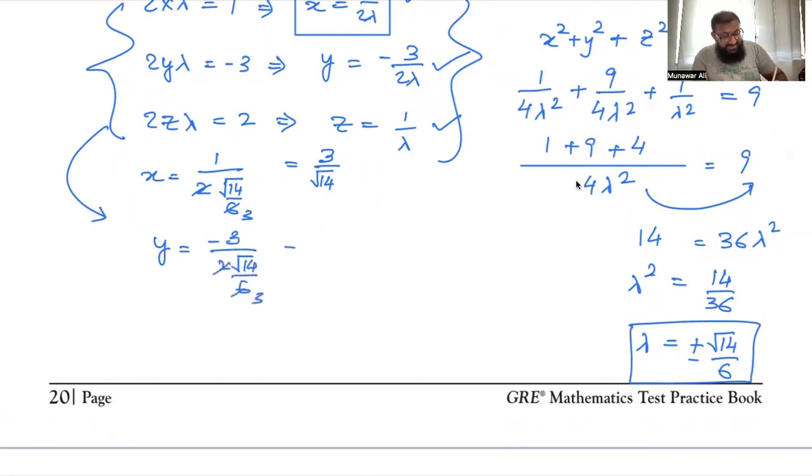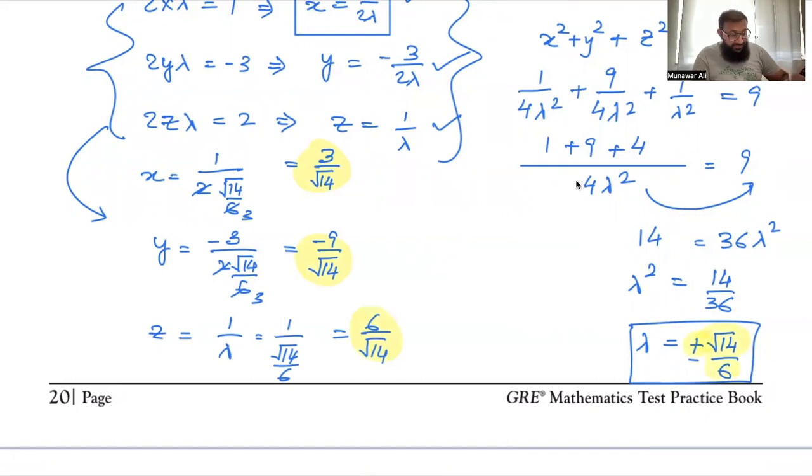So this gives me -9 over square root of 14. And the value of z is 1 over lambda, which is 1 over square root of 14 over 6, which gives me 6 over square root of 14. So I got these three values, x, y, and z, using only the positive value, not the negative value.